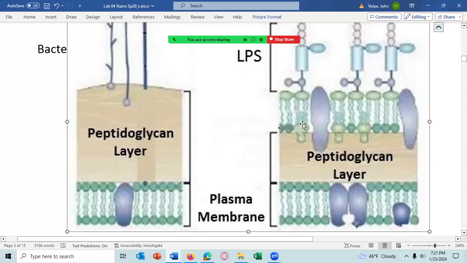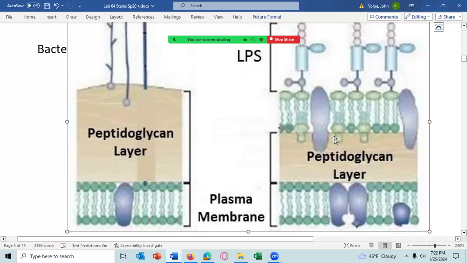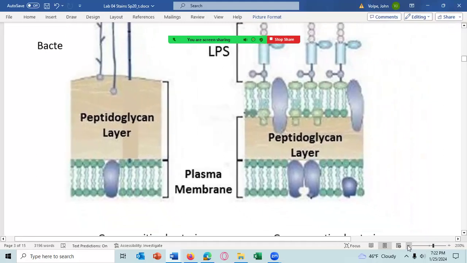And we'll talk more about that in a later lab. We might talk about it next week, but I don't remember. We're not going to talk further about the outer membrane today. We will talk a little bit more about the peptidoglycan layer, both today as well as I think our next lab.